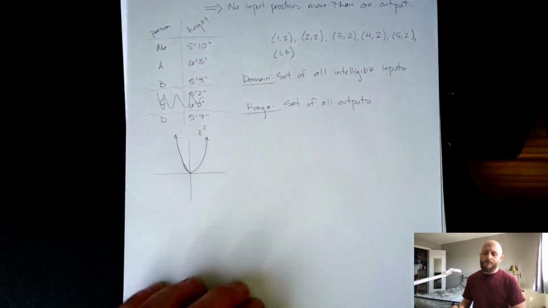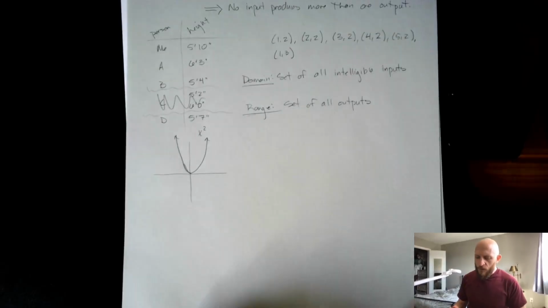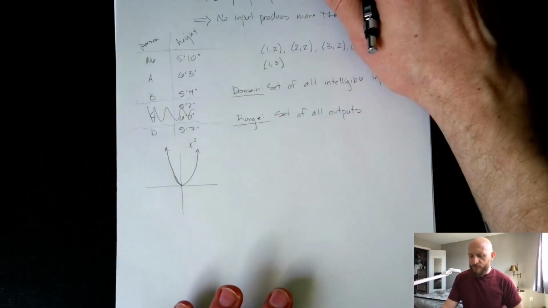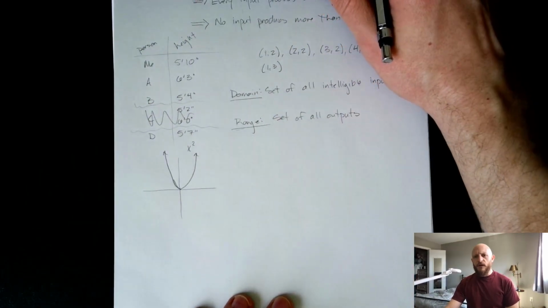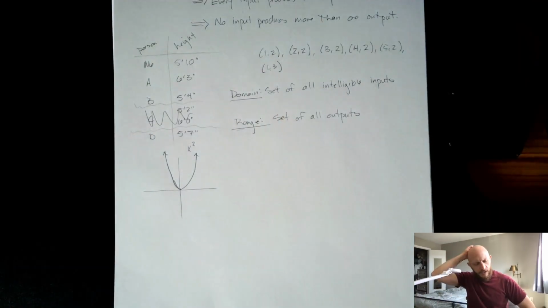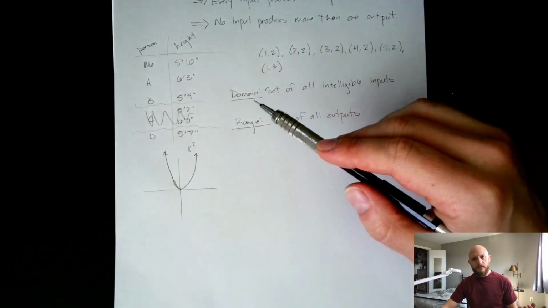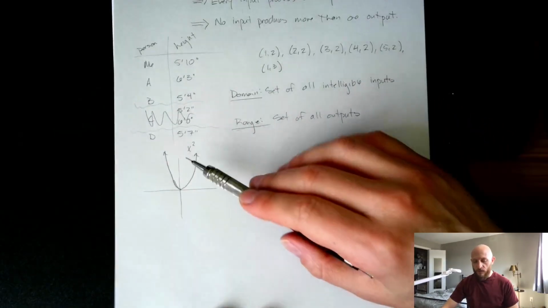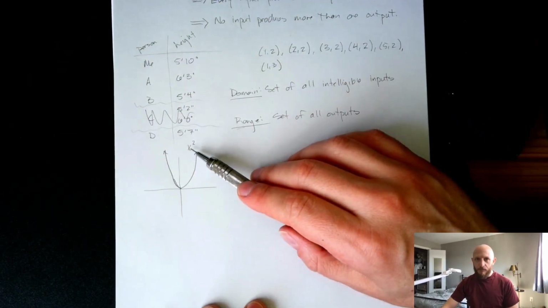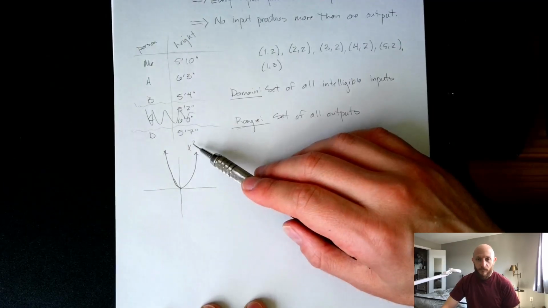So what is the set of all intelligible inputs for x squared? What you might want to think about is, are there any numbers that, if I plug them into x squared, cause problems? And the answer is no. Give me any number, I can square it. It's going to come out to another number.